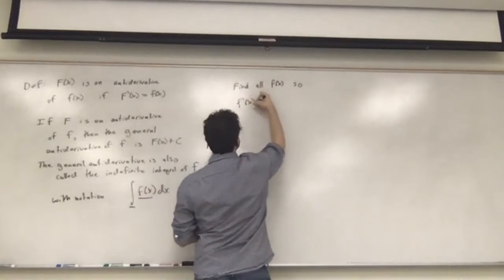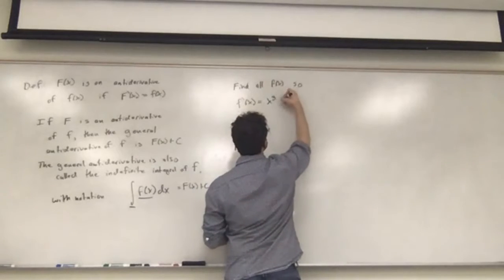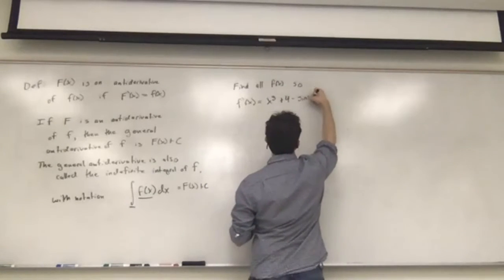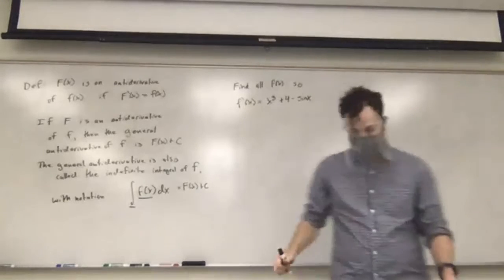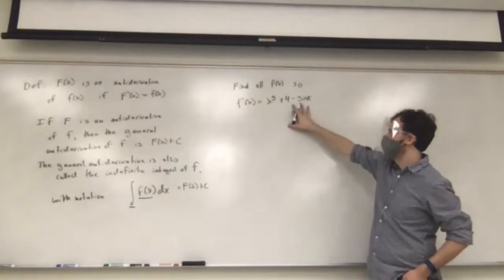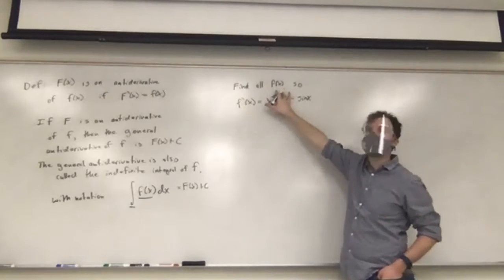So f prime of x equals x cubed plus 4 minus sine x. This is the kind of question we've answered before. Here's this function, find all of the antiderivatives.